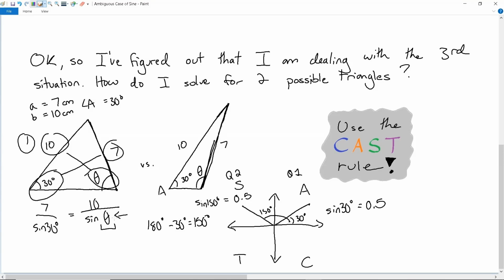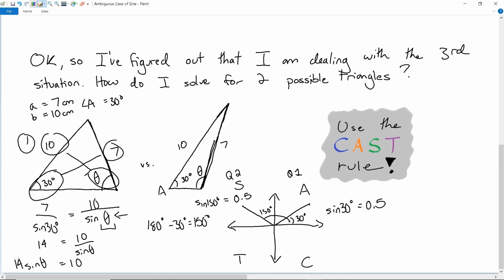And let's actually solve for this angle right now. 7 divided by sine 30 will give me 14. And then in order to isolate for the angle, I'm going to have to rearrange things like so. And I'm running out of space, but bear with me.